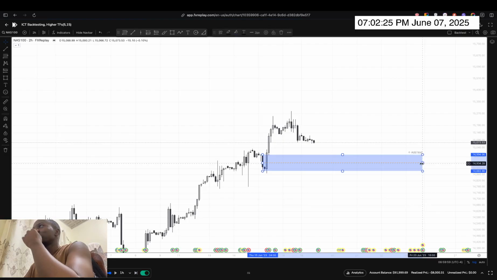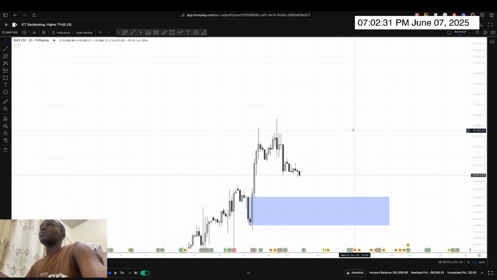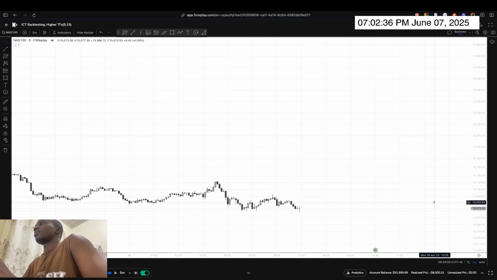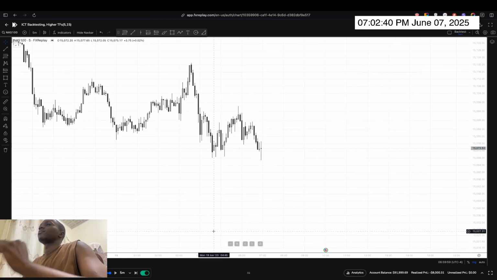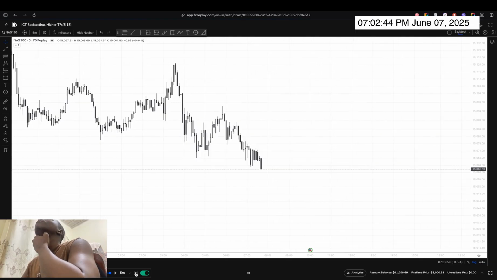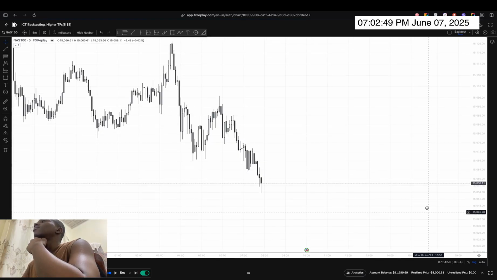Good. So we've got this OB, and as we wait, we will be looking for a sell to the downside. Great. Let's look for a sell to the downside. So we can see a BOS right there.